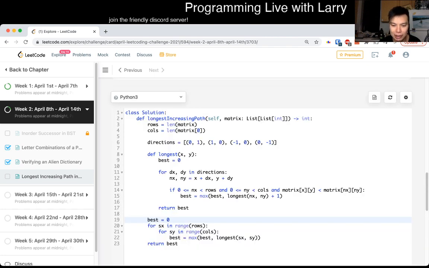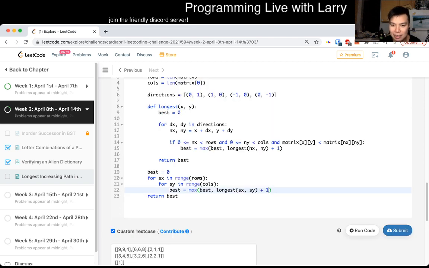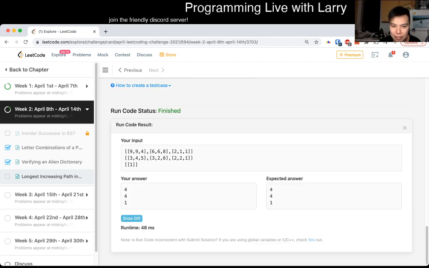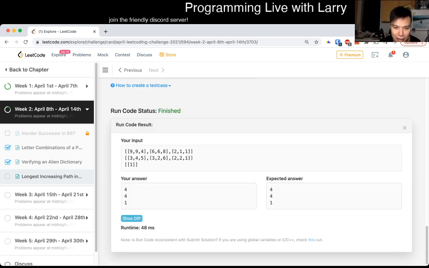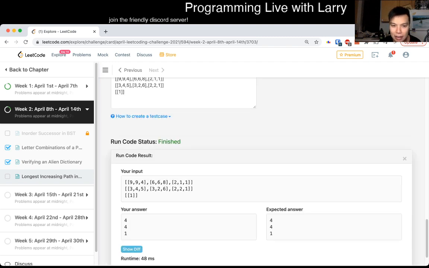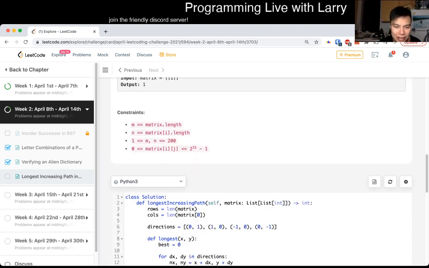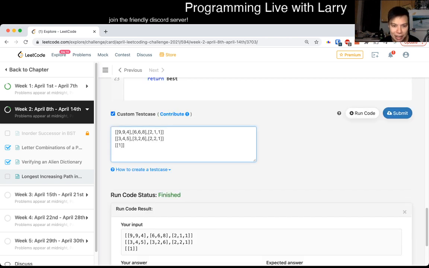I guess this is plus 1 because you have to count the starting cell, which I forgot. Okay, so this will look good, but it's going to give us a time limit exceeded because 200 times 200 is going to be very slow, and we can play around with that for a second. Hang on.